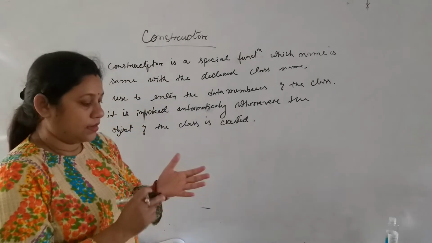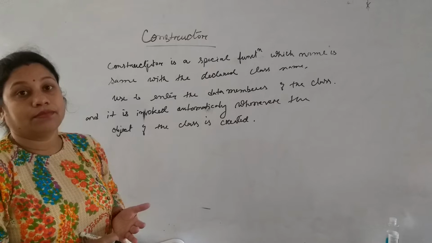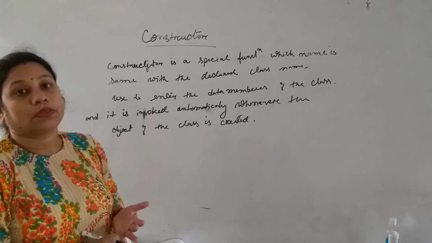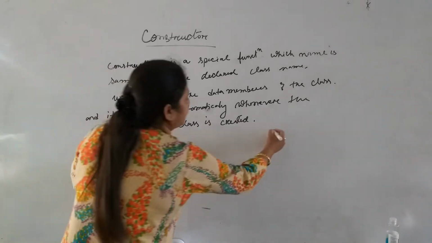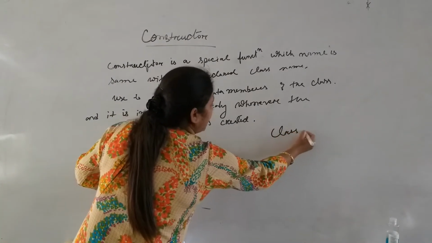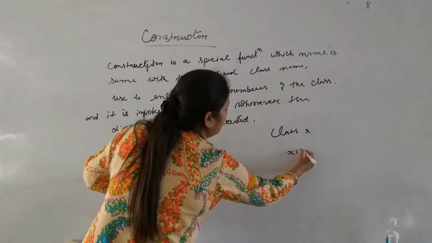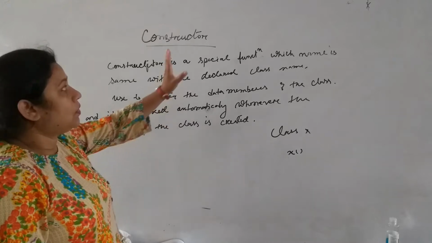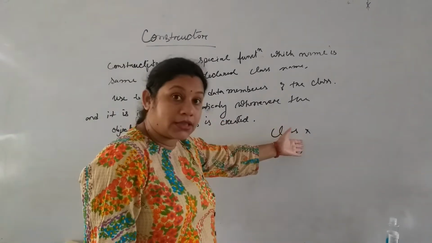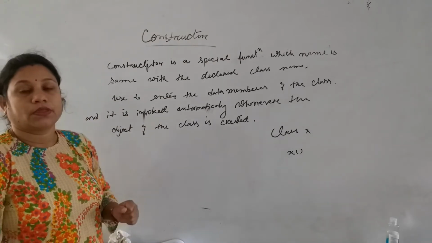That means the constructor function name and the class name is same. For example, if the class name is class X, then the constructor function name will be X. Jodi class tur naam to X hoy, tenahole constructor function tur namo X hobo.